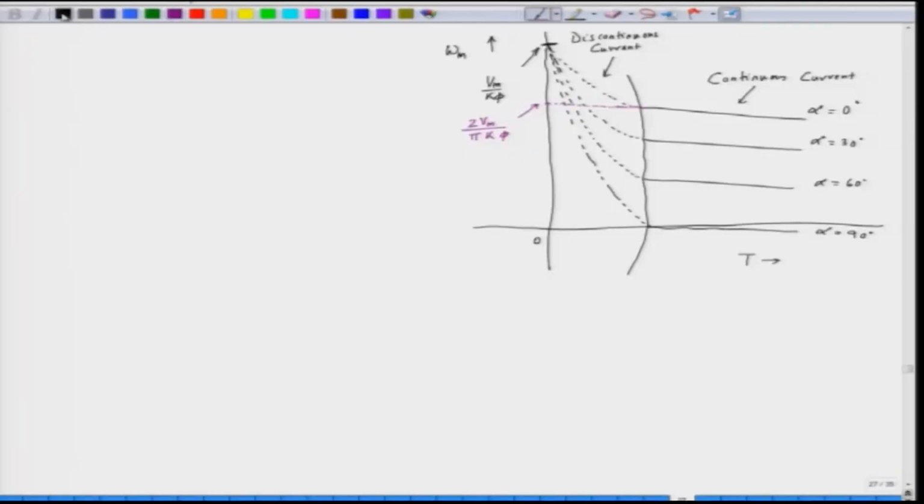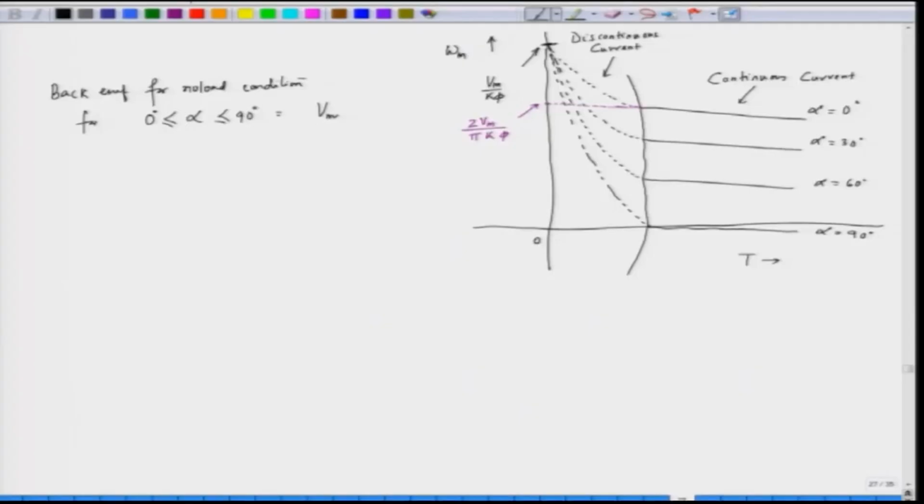So, we can mention here that the back EMF for no load condition, for alpha from 0 to 90 degree, is equal to the peak of the supply voltage. When the back EMF is the peak of the supply voltage, the current is equal to 0, and that is why the torque is equal to 0.